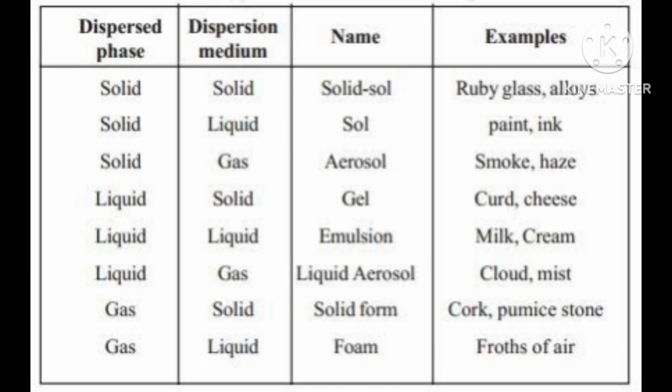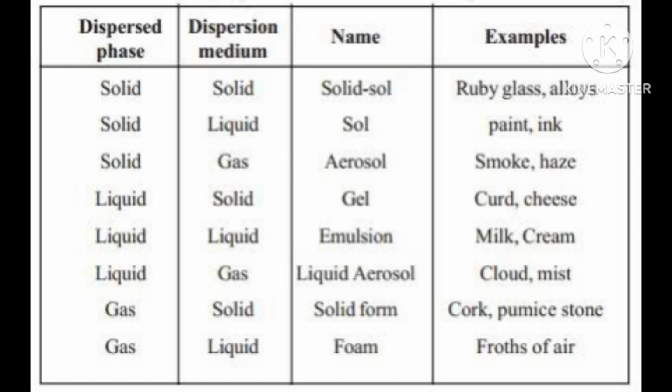Wherever solid is more, except for liquid plus solid, which is called gel, the other two are called solid sol: solid plus solid and gas plus solid. Only liquid plus solid is called gel. Gas plus solid is called solid sol. Examples are pumice stone and foam rubber.